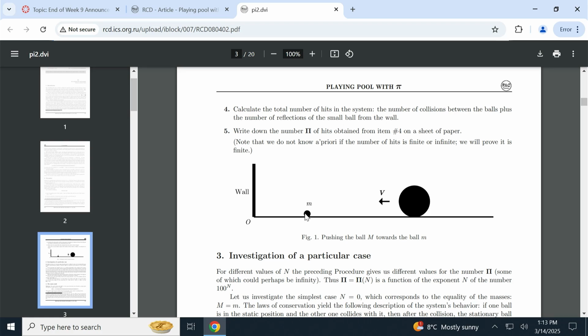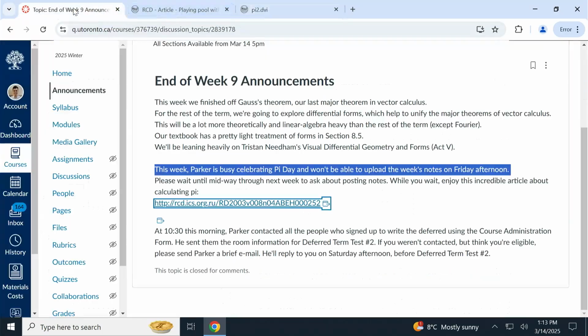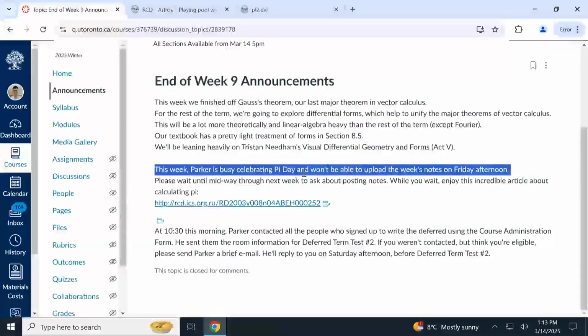They bounce off each other, they bounce off the wall, and the number of bounces just gives you the digits of pi one after the other, which is mind-blowing. It's so good. This is probably my favorite fact about pi right now. I encourage you to check it out.